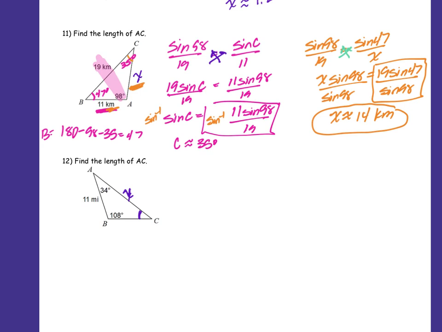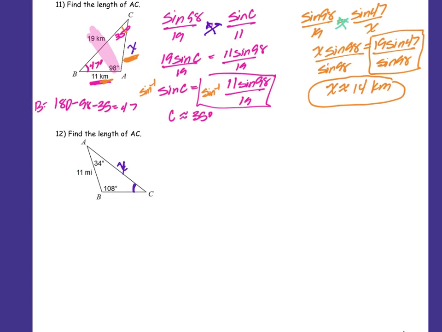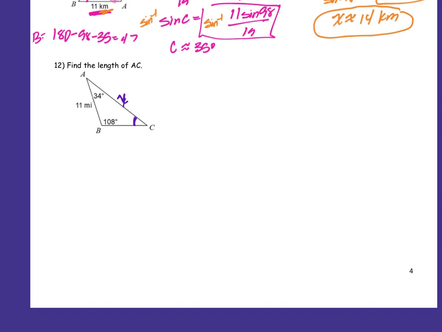And then let's see, what do we have on number 12? Okay, I need to find angle C. So angle C is going to equal 180 minus 108 minus 34, which is 38.